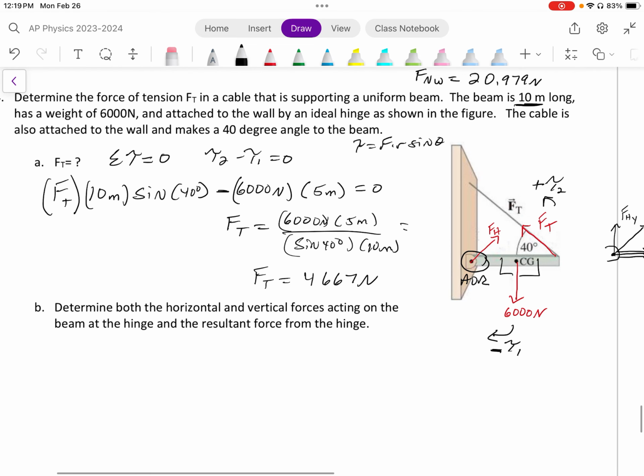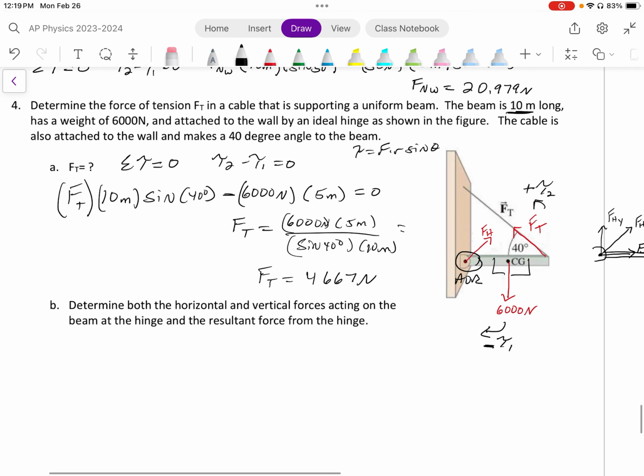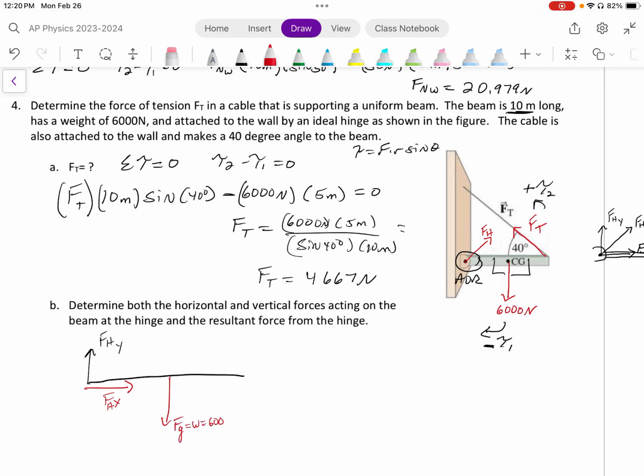All right, now, next question. Determine both the horizontal and vertical forces acting on the beam at the hinge and the resultant force from the hinge. So now I do need to break up my forces into components. I'm going to redraw it. So I have force of the hinge in the y direction, force of the hinge in the x direction, and force of gravity, which is the weight, which is 6,000.